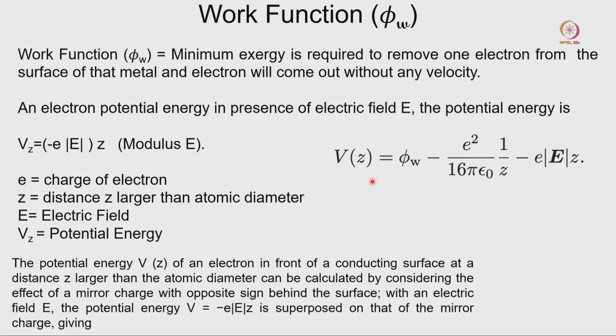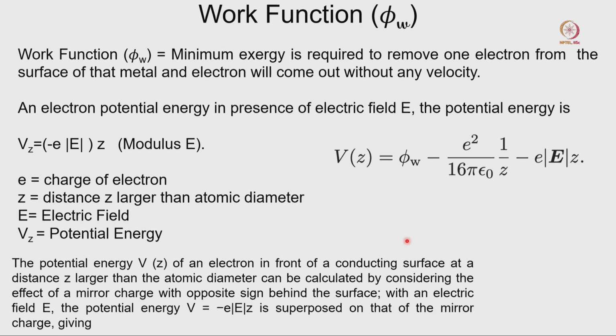So, this is the potential energy of an electron. Here, I mentioned, this is the work function, and then minus e squared by 16 pi epsilon 0 multiplied by 1 by z, and minus e times the modulus of the electric field and z. z is the distance which is larger than the atomic diameter.